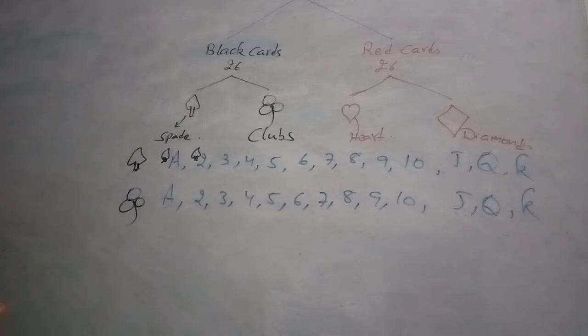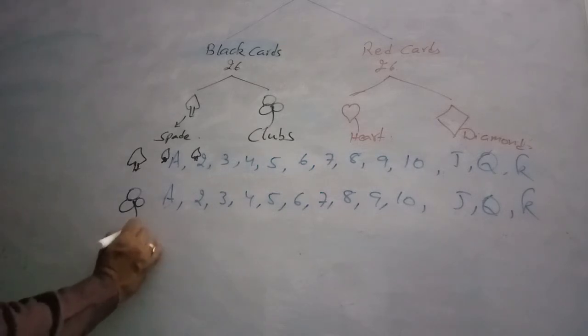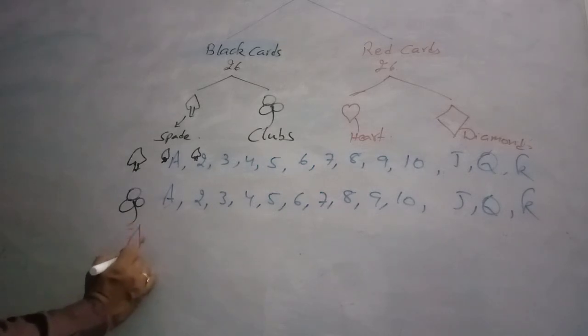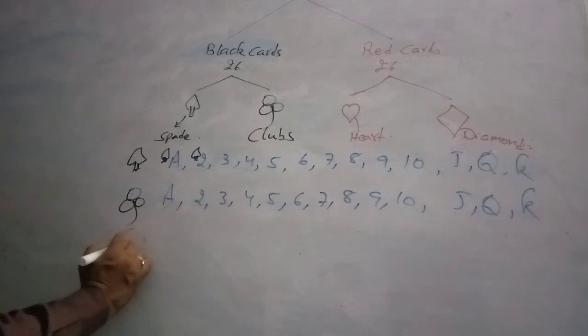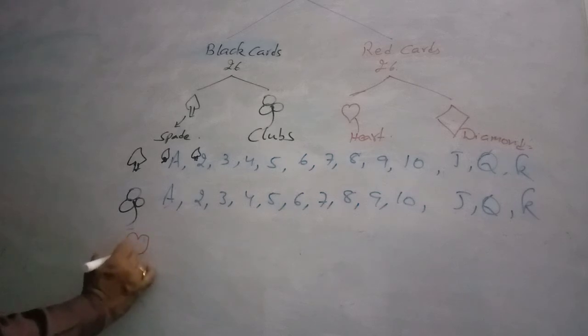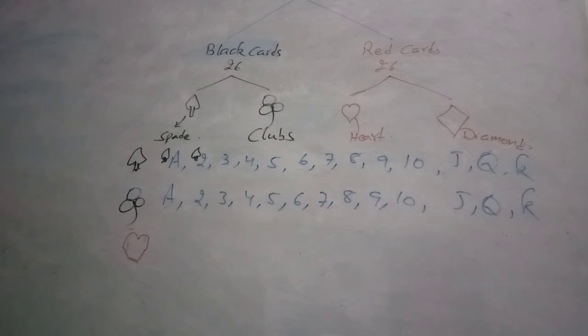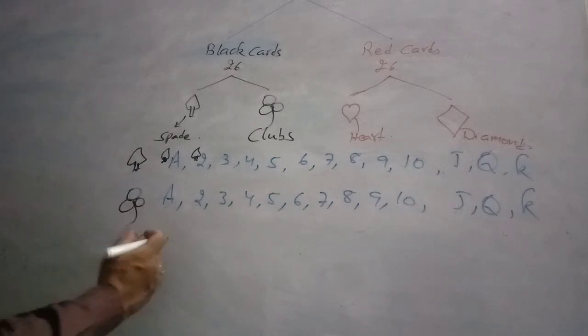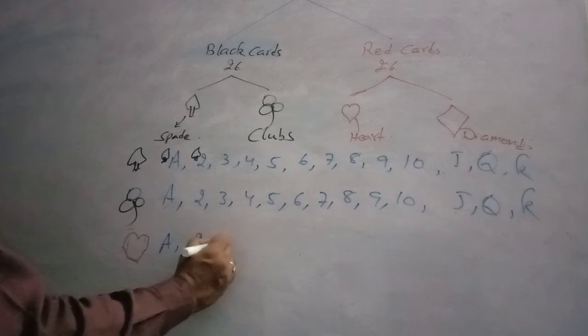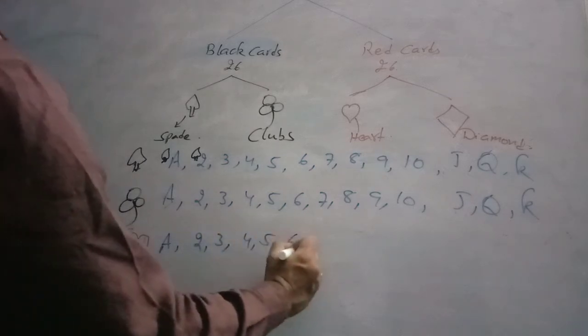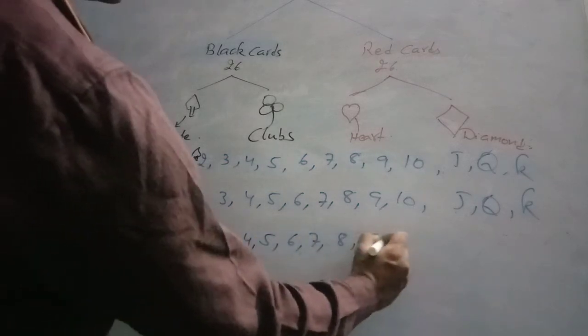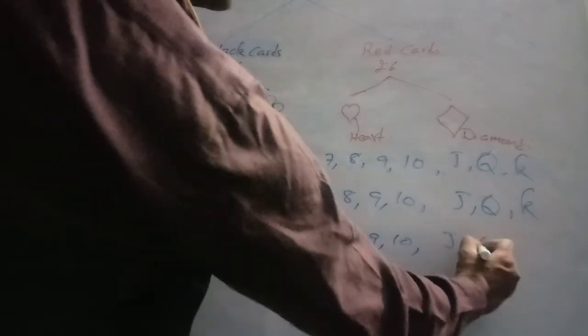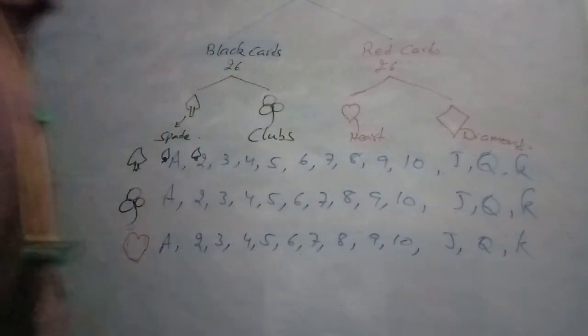For heart also there will be ace of heart, 2, 3, 4, 5, 6, 7, 8, 9, 10, jack, queen, and king.